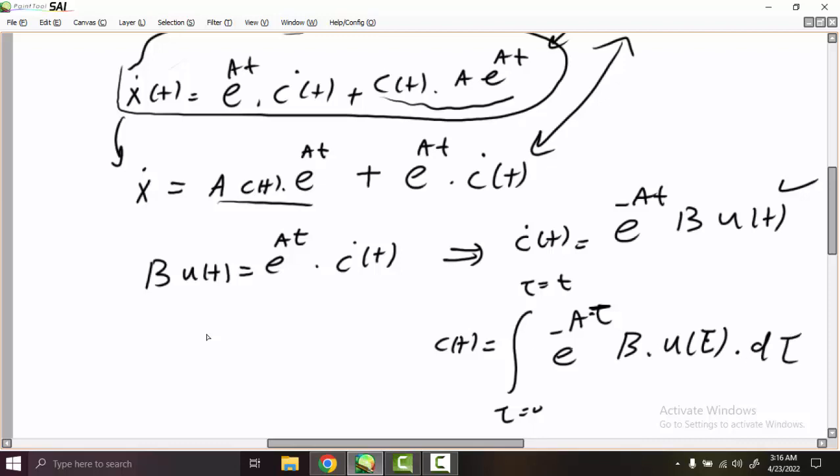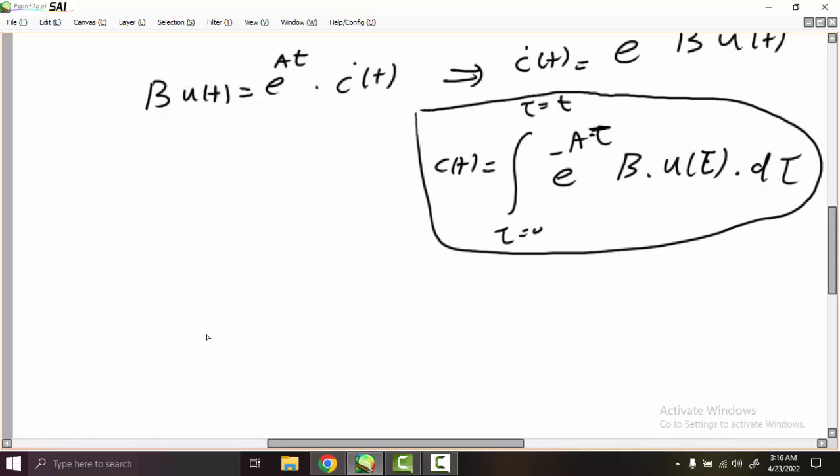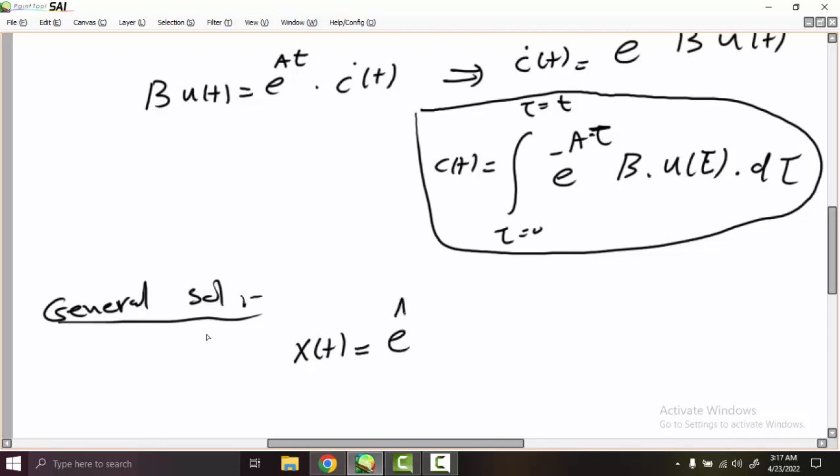So this solution is called the forcing response. So the general solution now will be x of t equals e to the power of at x 0.